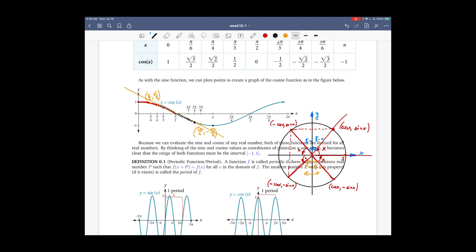The point that you obtain will also be on the graph of cosine x. Right here, I can see that the point (pi over 4, root 2 over 2) is symmetric to the point (3 pi over 4, negative root 2 over 2), which of course means that cosine of pi over 4 is root 2 over 2, and cosine of 3 pi over 4 is negative root 2 over 2.